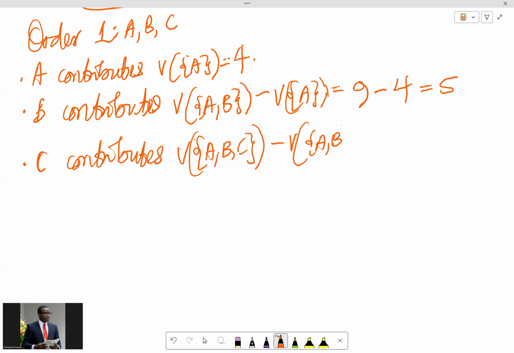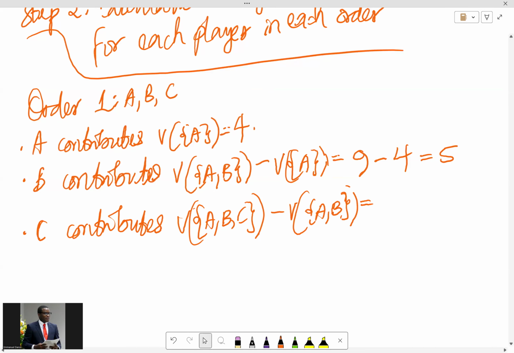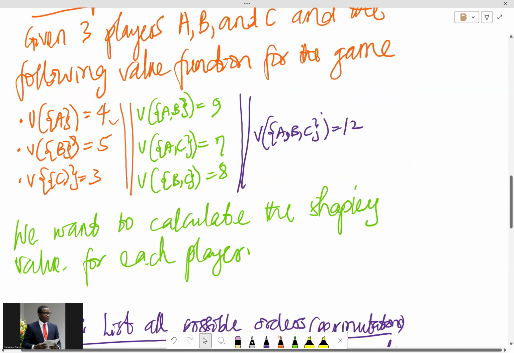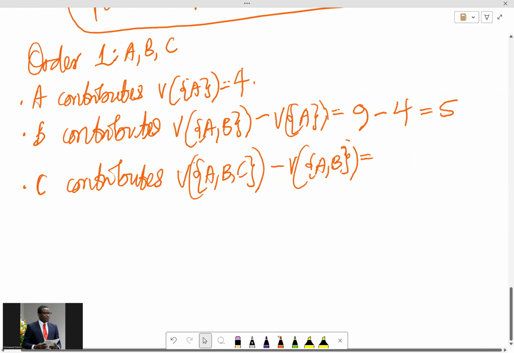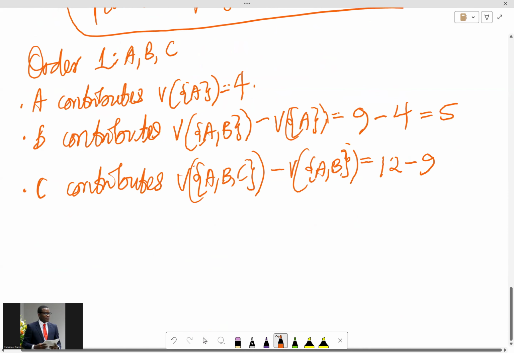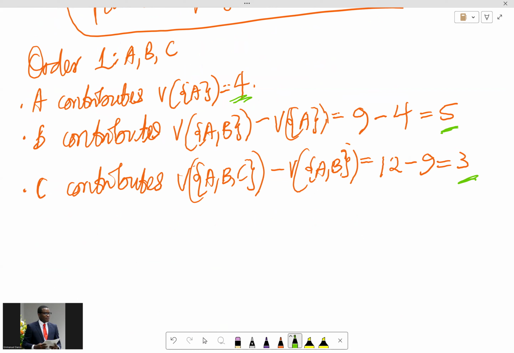So whatever is being added is now the grand coalition. That is 12, as we already know. So that'll be 12 minus 9, because V of AB is 9, and that is equal to 3. So these three values are important, and we need to take note of that. That is for the order ABC.